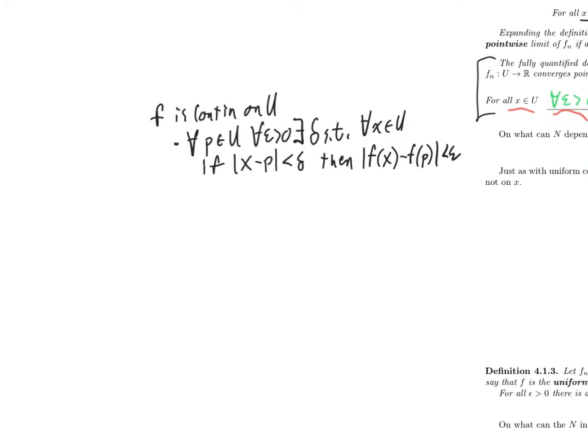So you looked at this and you said, what can that delta depend on? Well, it can depend on p, and it can depend on epsilon.